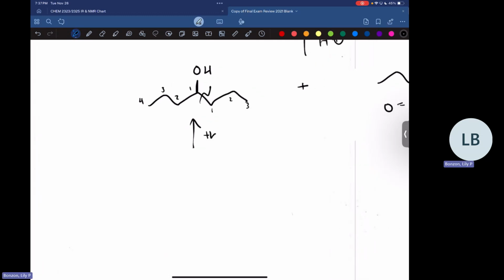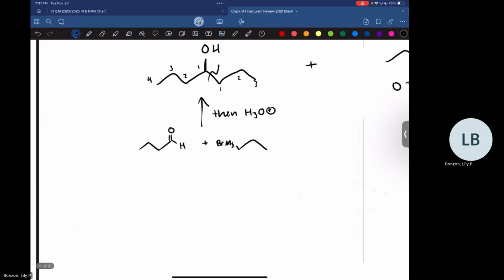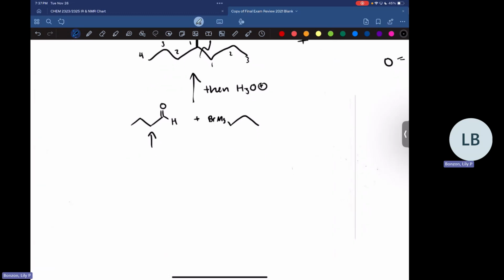So we're going to have then H3O+ over the arrow. Our alcohol part is going to be the carbonyl. And the other part is going to be our Grignard. We can work this aldehyde back to a 4-carbon alcohol using PCC.